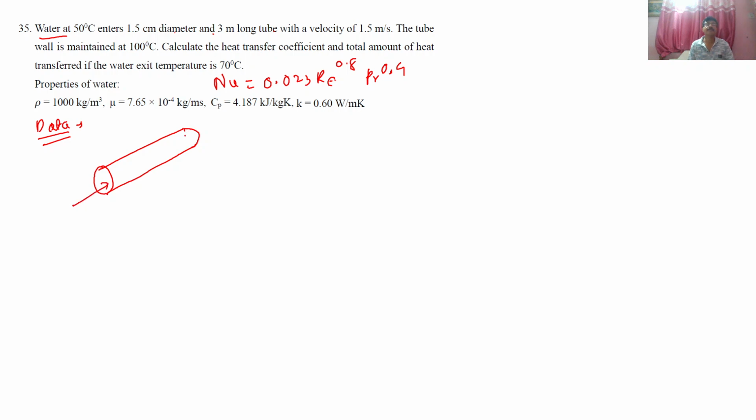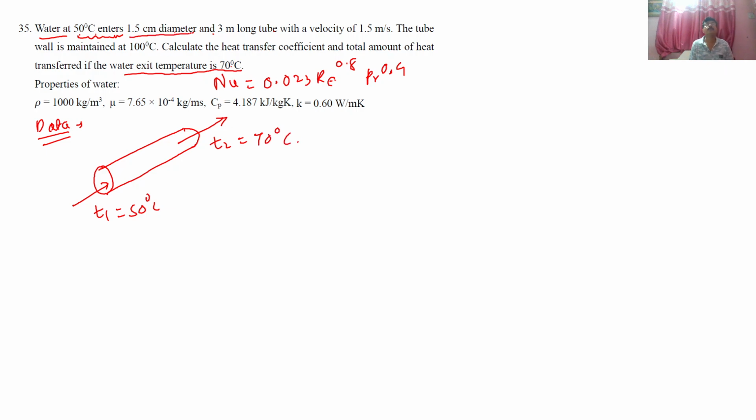There is the entry temperature and the exit temperature. Water at 50 degrees Celsius enters and the exit temperature is 70. So T1 is 50 degrees Celsius and T2 is 70 degrees Celsius.